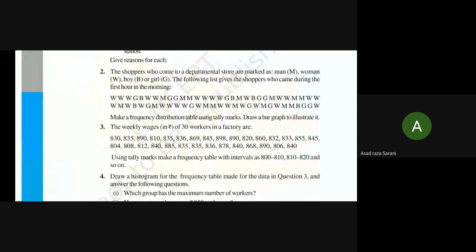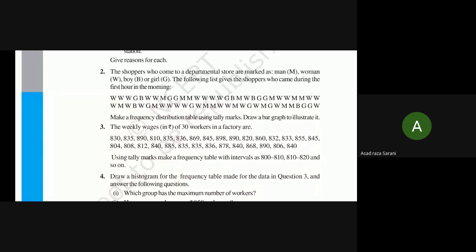Now you can see question number 2. The shoppers who come to a departmental store are marked as men, woman, boy, and girl. The following list gives the shoppers who came during the first hour in the morning. Within the first one hour in the morning, data has been collected on how the men, women, boys and girls came.